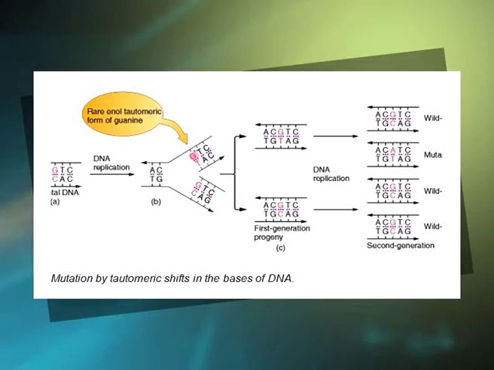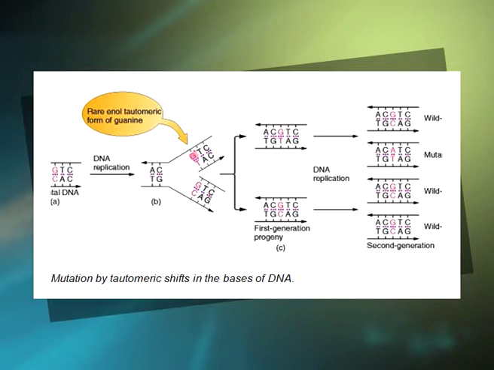In its enol form, it pairs with thymine, and in the next stage of replication, the guanine shifts back to its more stable keto form. The thymine incorporated opposite the enol form of guanine as shown in B directs the incorporation of adenine in the subsequent replication. The net result is a GC-AT mutation.